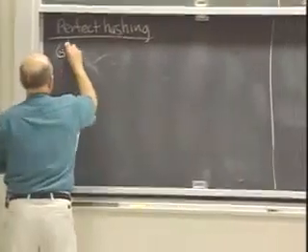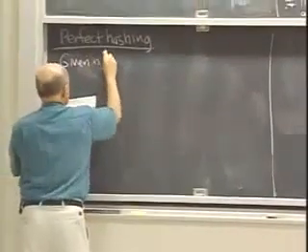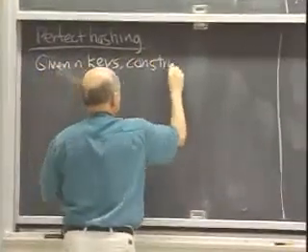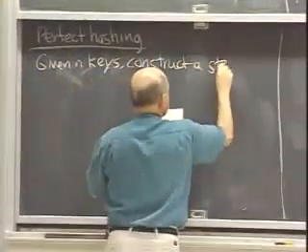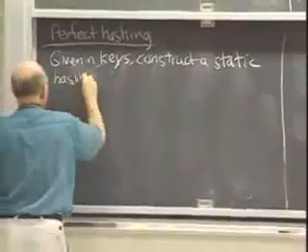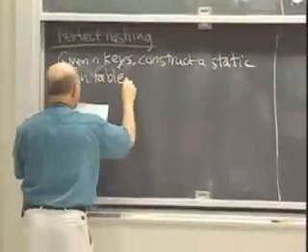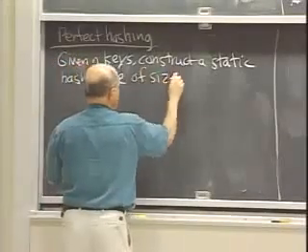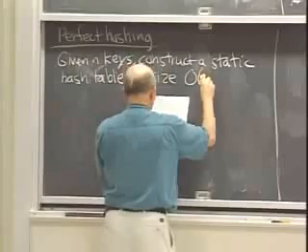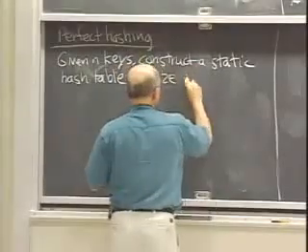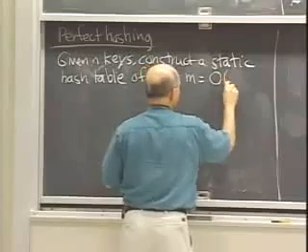quickly? So the problem is, given n keys, construct a static hash table. In other words, no insertion and deletion. We're just going to put the elements in there, of size m equals order n.